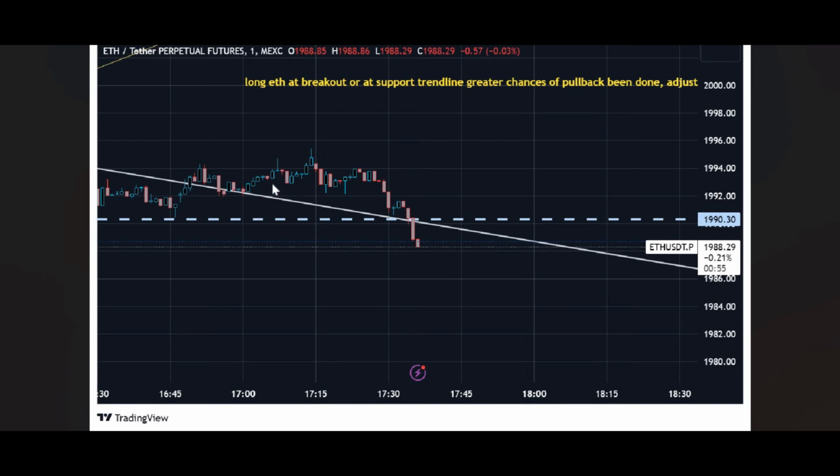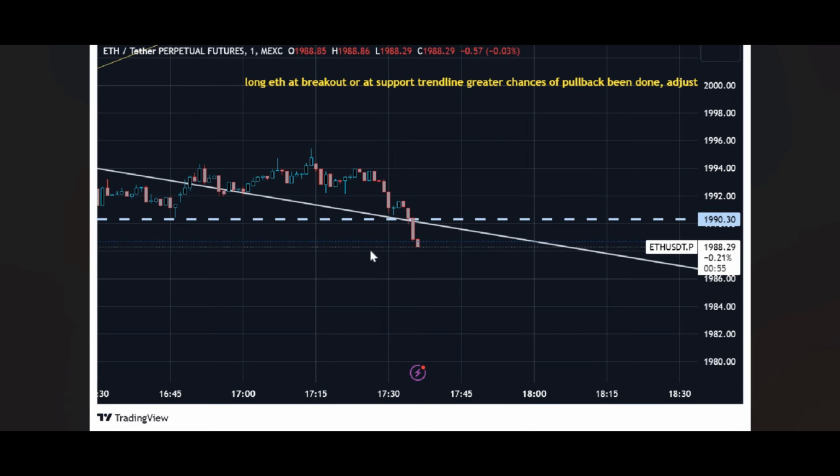But what happened guys, if your stop loss was above this swing high, it would get hit here. So it's just a 15-minute time frame chart, and I sent it if someone wanted to scalp the opportunities. I said that if it breaks this trend line and the retest passes, just enter long, but it was a false breakout.